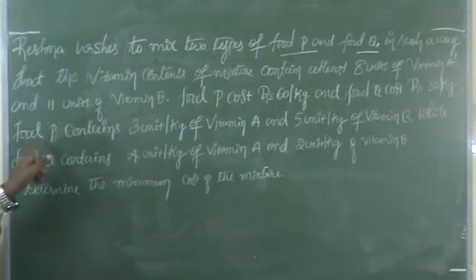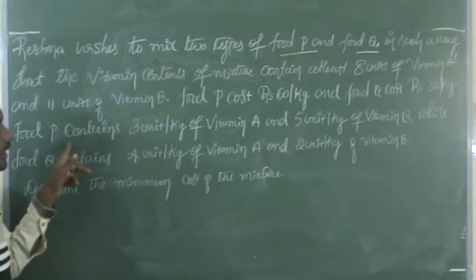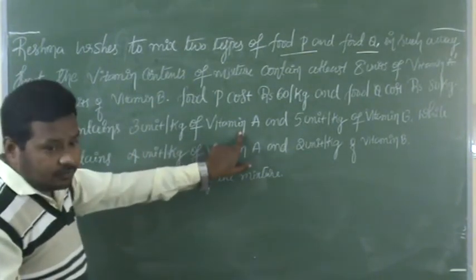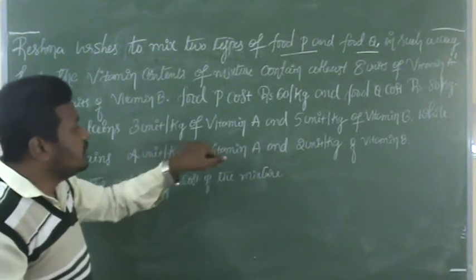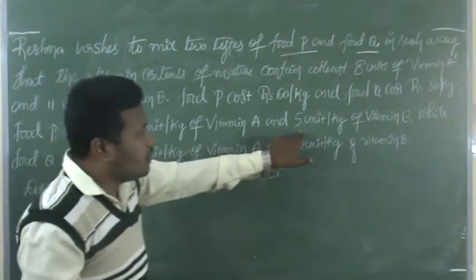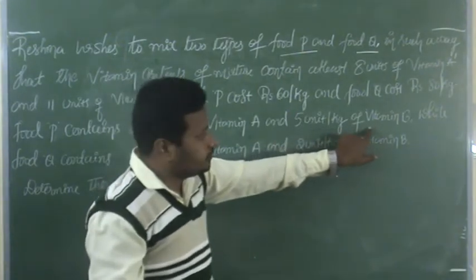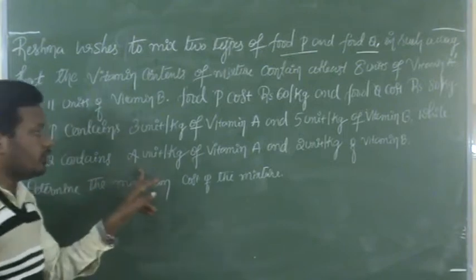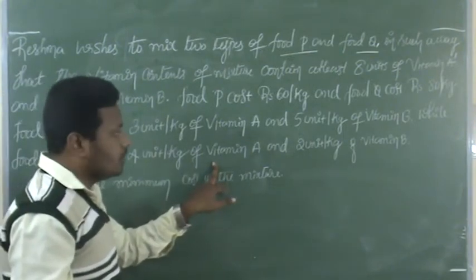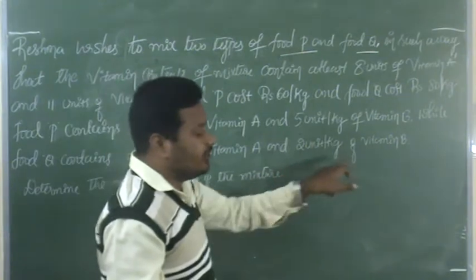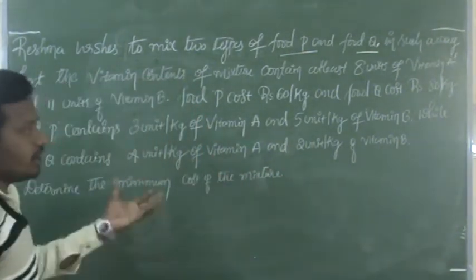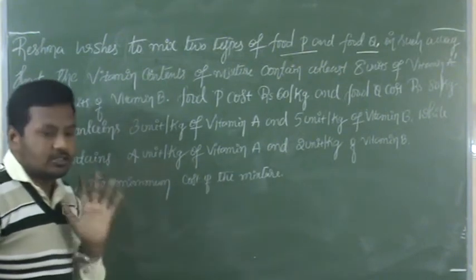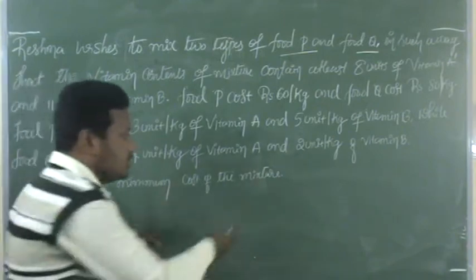Now, food P contains 3 units per kg of vitamin A and 5 units per kg of vitamin B, while food Q contains 4 units per kg of vitamin A and 2 units per kg of vitamin B. Now we have to determine the minimum cost of the mixture.